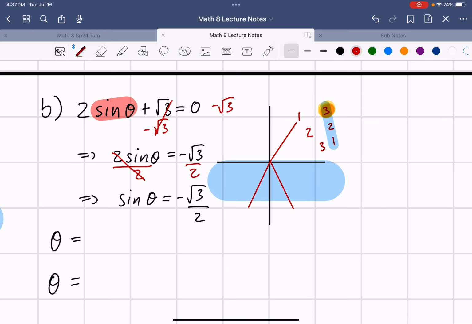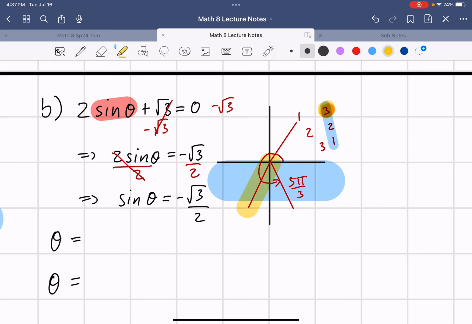Remember, the ones closest to the y-axis are our 3's. So I already know from the previous one, this is 5 pi over 3, right? This is doing a full rotation. That's 5 pi over 3, going from 0, and these are the two positions we're focused on.